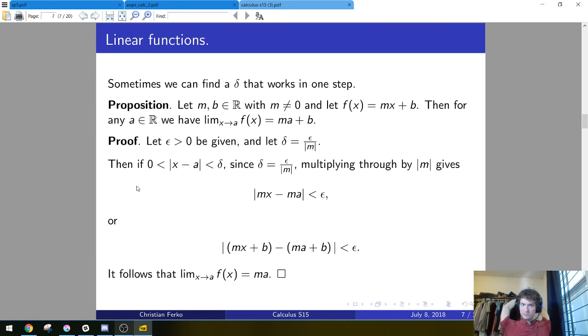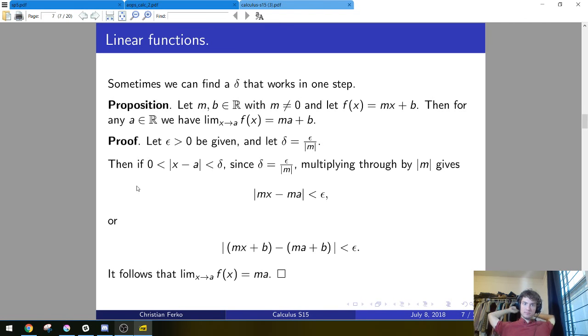Alright, here we go. Proposition. Let m and b be elements of the real set, with m does not equal 0, and let f of x equal mx plus b.